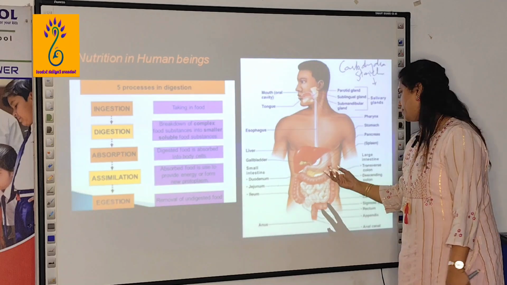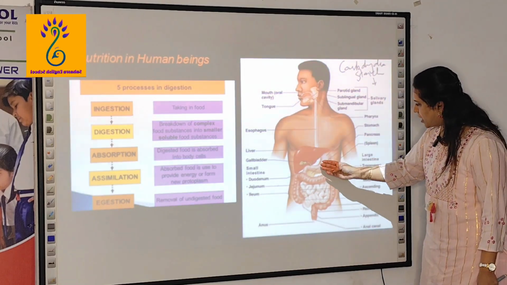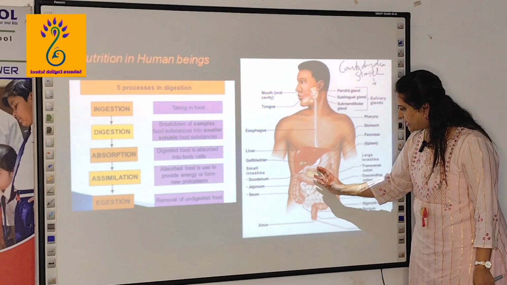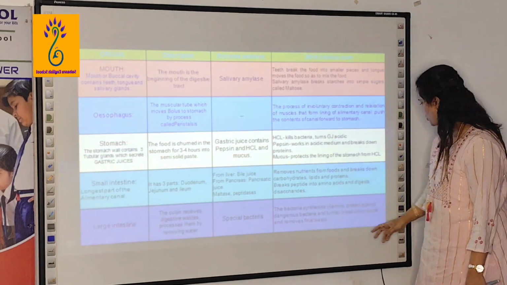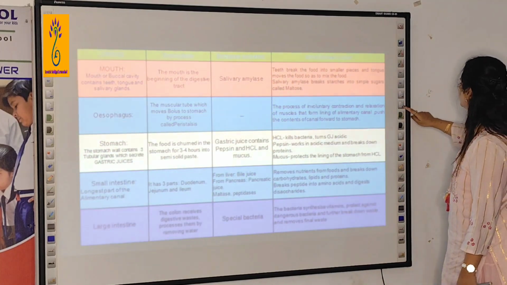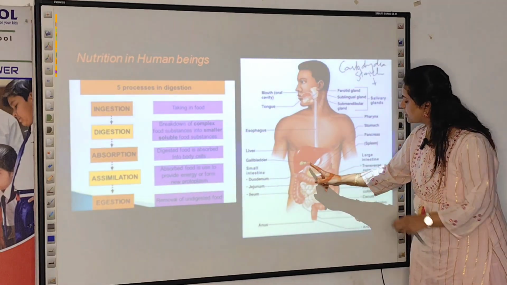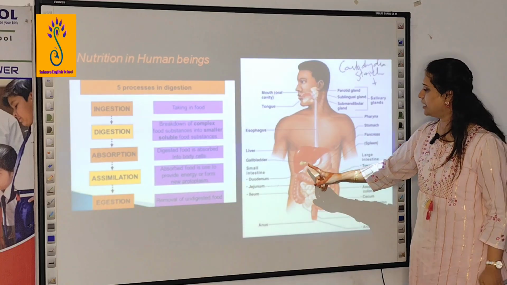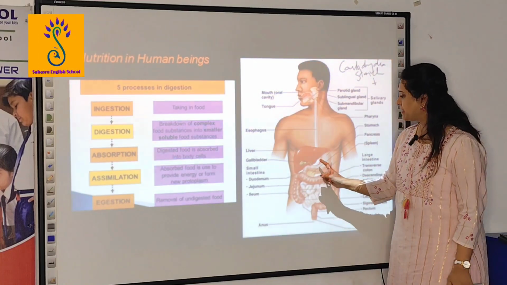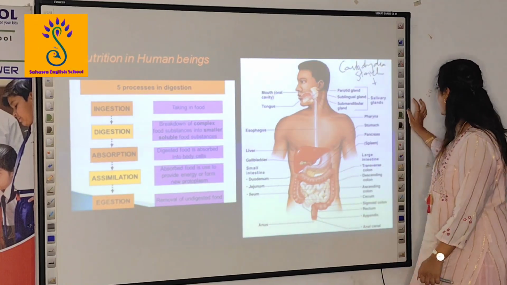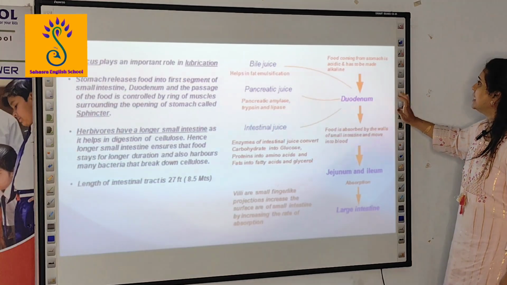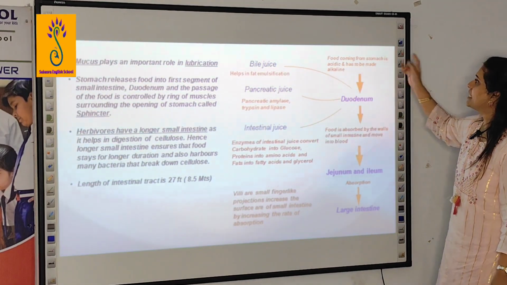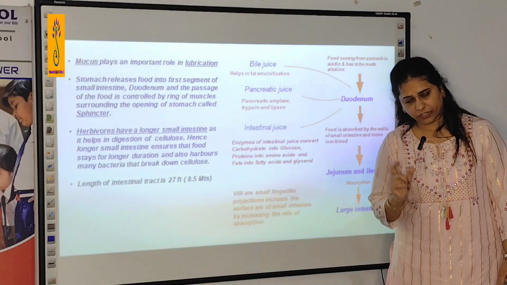Now here you can find the junction, it's a J-shaped one. This is the first part of the intestine, and that is called the duodenum. The duodenum will receive the food that comes from the stomach.